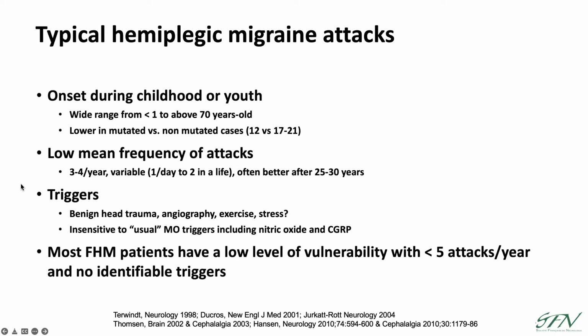Triggers of hemiplegic migraine attacks are not the same as triggers of usual migraine without aura or with aura. Characteristic triggers are benign head trauma. For example, a little girl runs at school and bumps her head, and a few minutes after, hemiplegic migraine attacks may start.